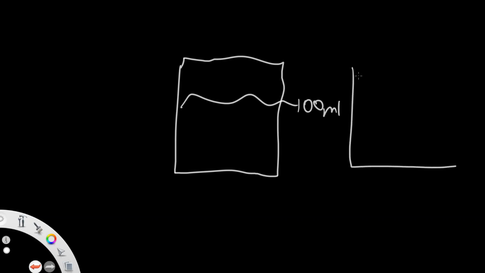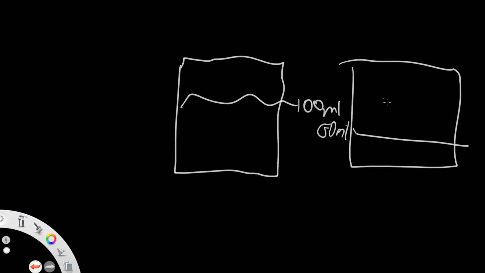And we're also asked to find the amount of empty space left in the container. If there's more water in a container, then there's less empty space. So let's just say this one has 100 milliliters and this one has 50 milliliters. And this is empty space and this is empty space.